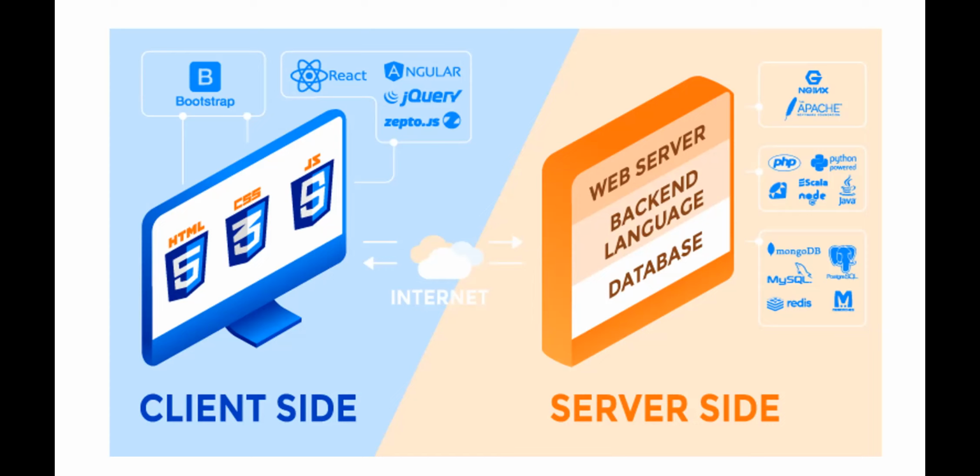And in your backend, the server side, there are web servers like Apache. There could be multiple backend languages like PHP, Python, Java, Node.js, and so on. And the databases also come in many flavors like MongoDB, MySQL, Redis, PostgreSQL, and so on.